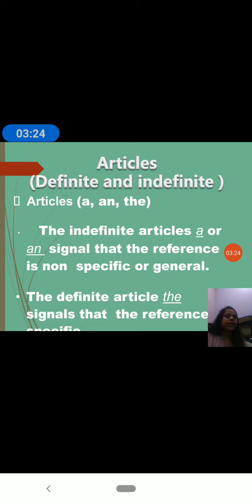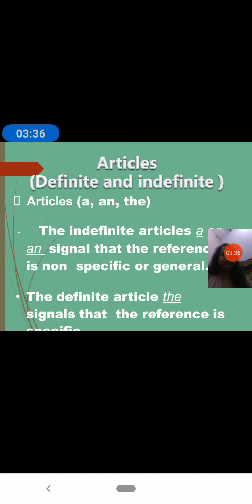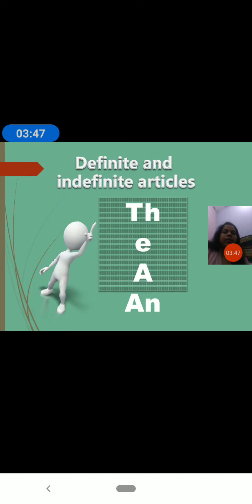The definite article the signals that the reference is specific. Definite and indefinite articles: the, a, and an. For example, the visitors are coming. A box of chocolates was eaten by Lance.